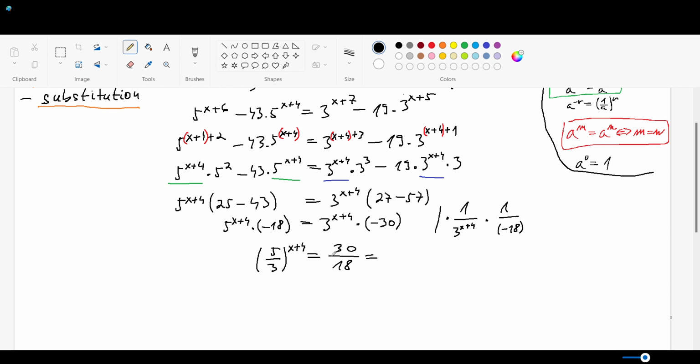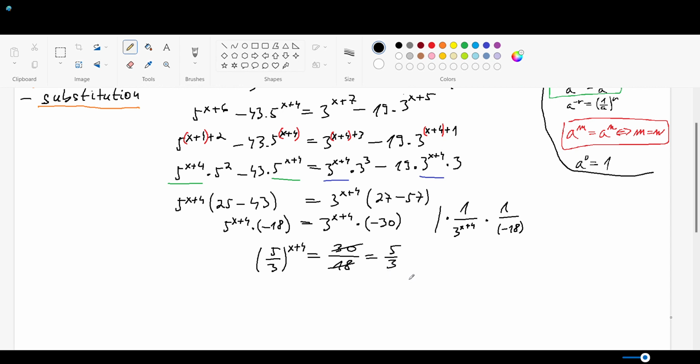We already know that this can be simplified, and the numerator and denominator can be divided by the number 6, so it's going to be 5 over 3.